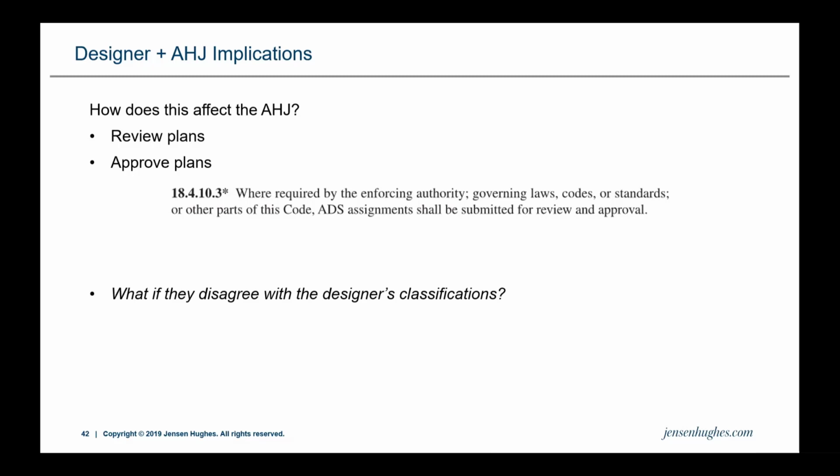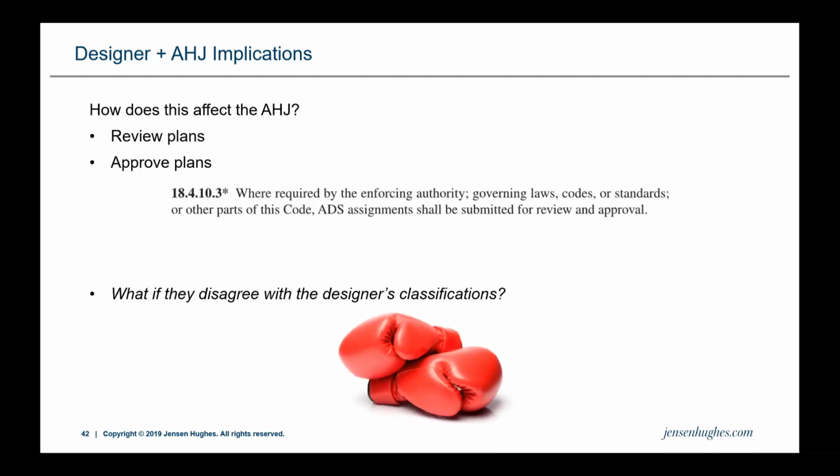It begs the question, what if they disagree with your classifications of an ADS? Well, hopefully it doesn't come to the boxing gloves shown, but the answer is it depends. Are they concerned about the way you define the space? Or is it just the fact that they want you to try harder to obtain intelligibility in more locations in the building? Again, it requires a dialogue to understand what their difficulty with the design might be.